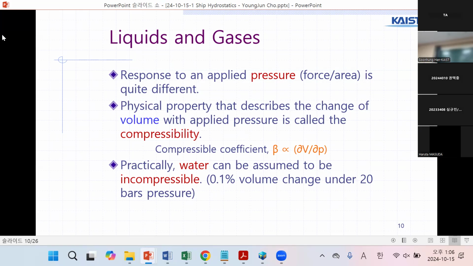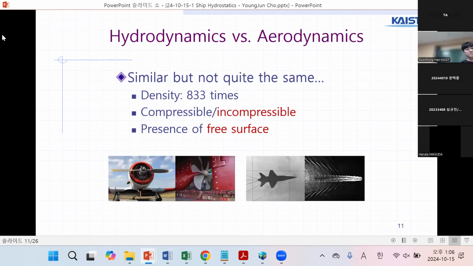Gas density varies significantly under the change of pressure, so we call it compressible fluid. On the other hand, liquid density can be assumed to remain constant under the change of pressure, so we call it incompressible fluid. So there are notable differences between hydrodynamics and aerodynamics.